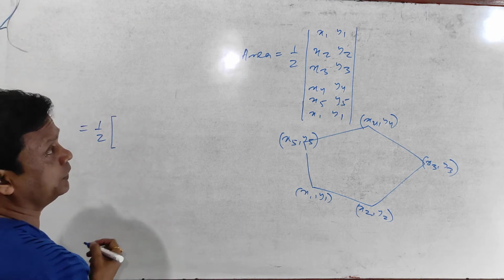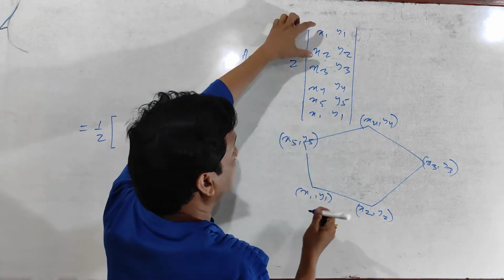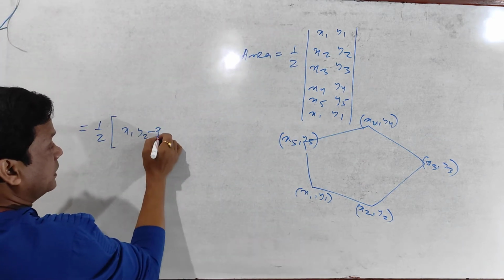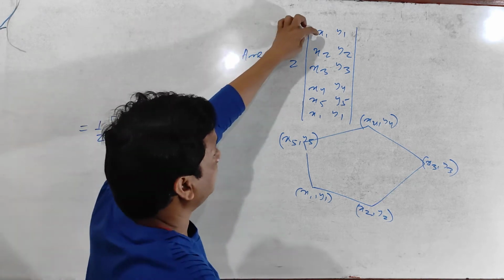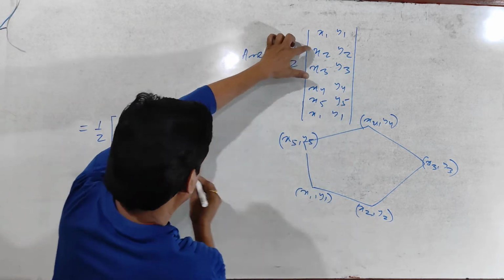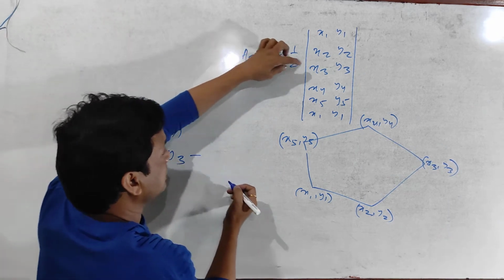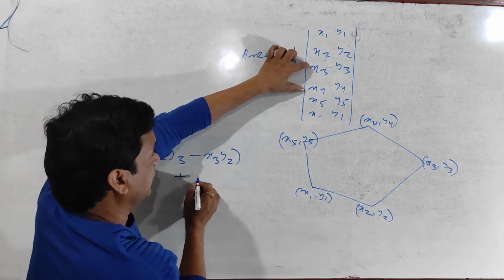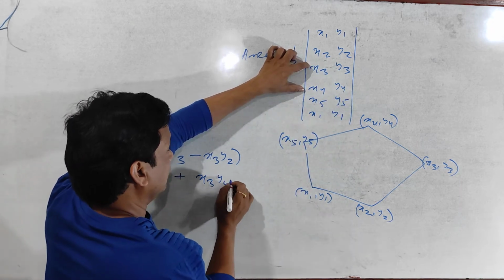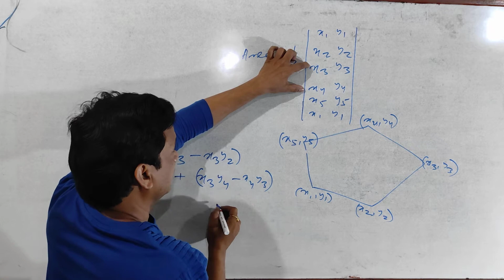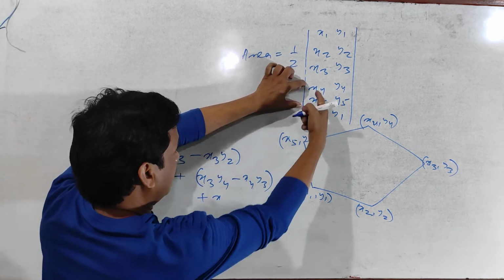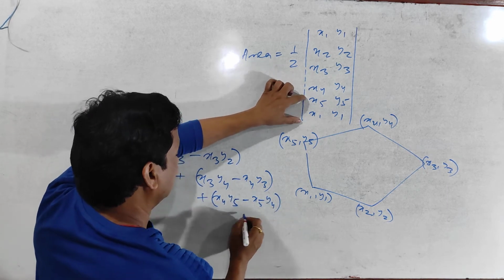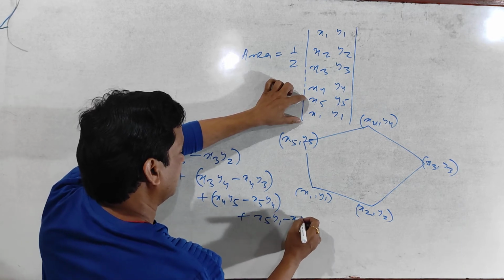Finally, I will give you an example. Take the determinant of these two: x1 y2 minus x2 y1, plus, leaving the first row, this one: x2 y3 minus x3 y2, then leaving the second row, come to this one: x3 y4 minus x4 y3, then plus x4 y5 minus x5 y4, then plus x5 y1 minus x1 y5.